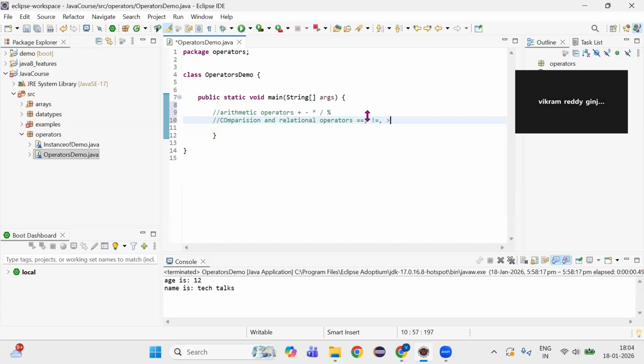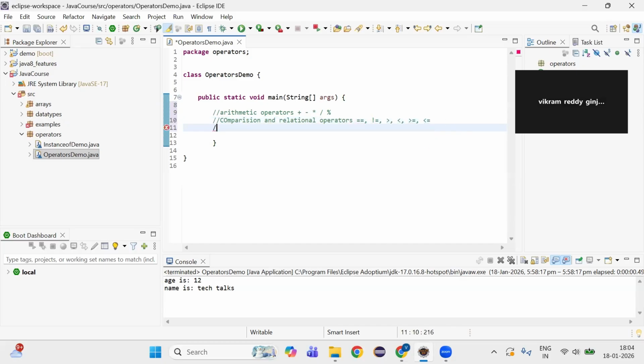If the first operand is less than the second, we use this. And we also have greater than or equal to, which has the same meaning as in mathematics. Similarly, less than or equal to. So these are the comparison and relational operators.